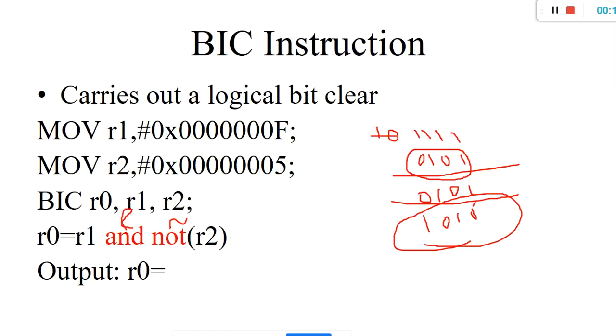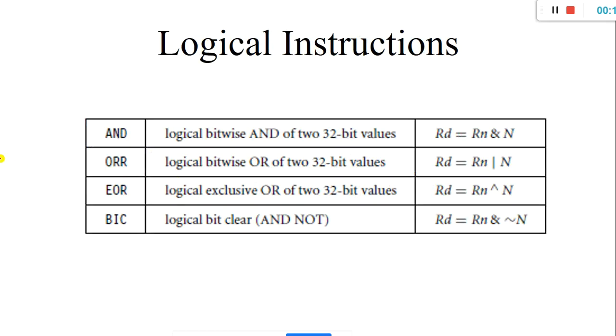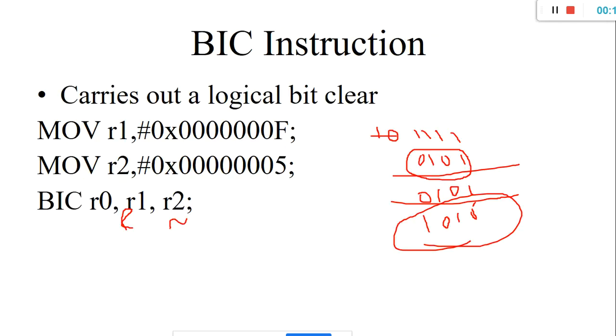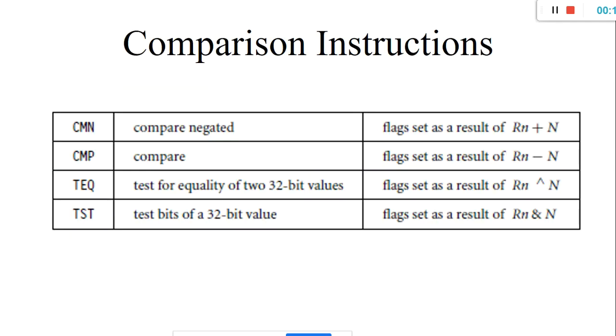So I request you to go with the rest of the instructions. Try to write a program with the same data, and execute the program by changing the instructions like AND, ORR and EOR. Perform them and see how the output varies.